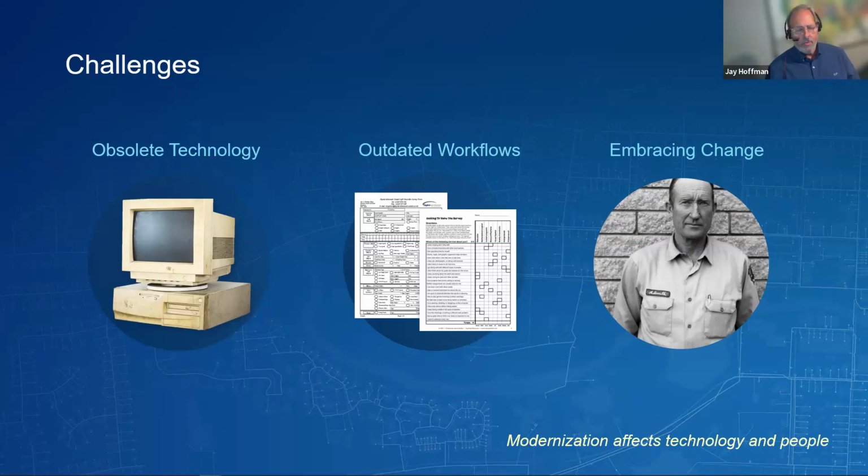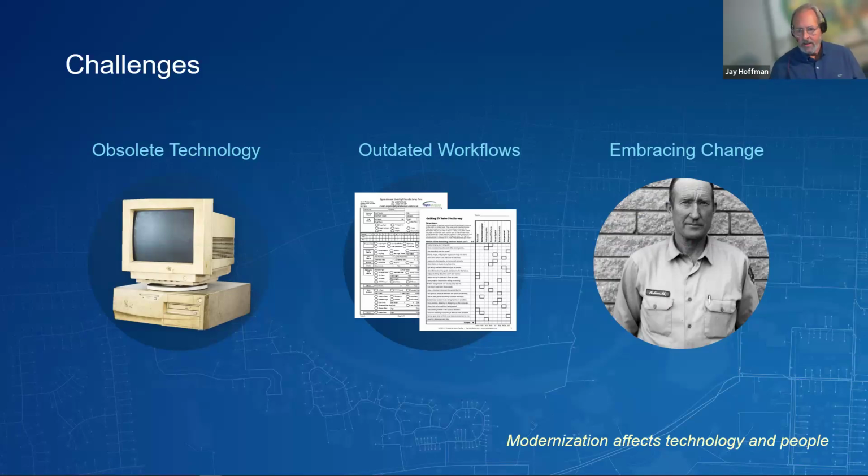Are you still using paper-based workflows today? Many folks would sit around the table and divvy up zip codes of work orders and things like that. So we want to move from those paper-based workflows to digital transformation.